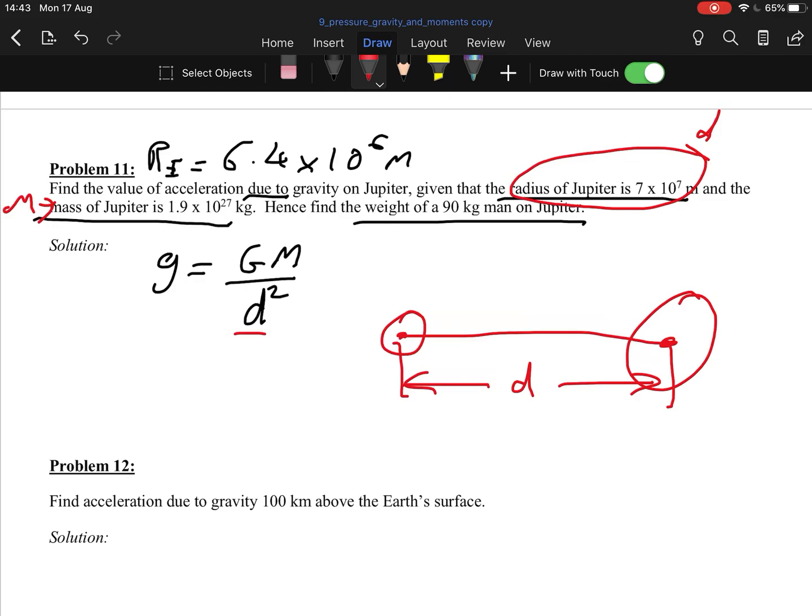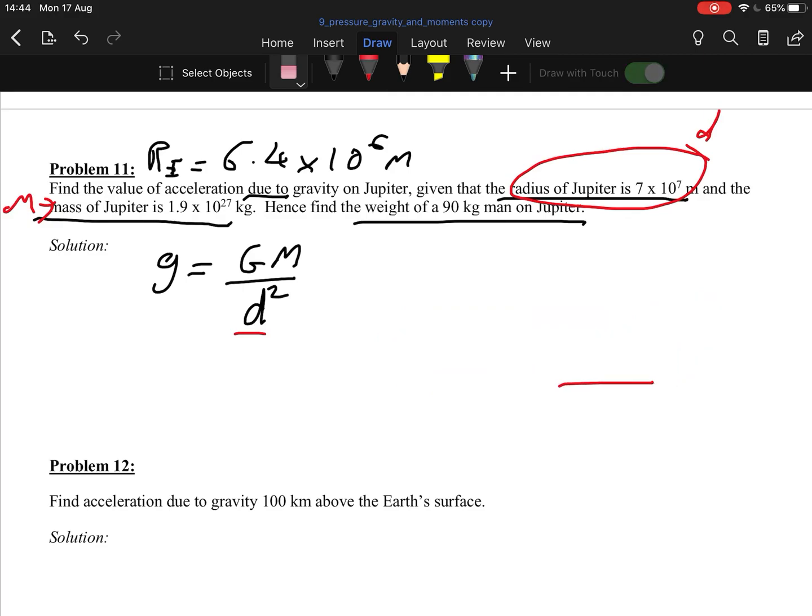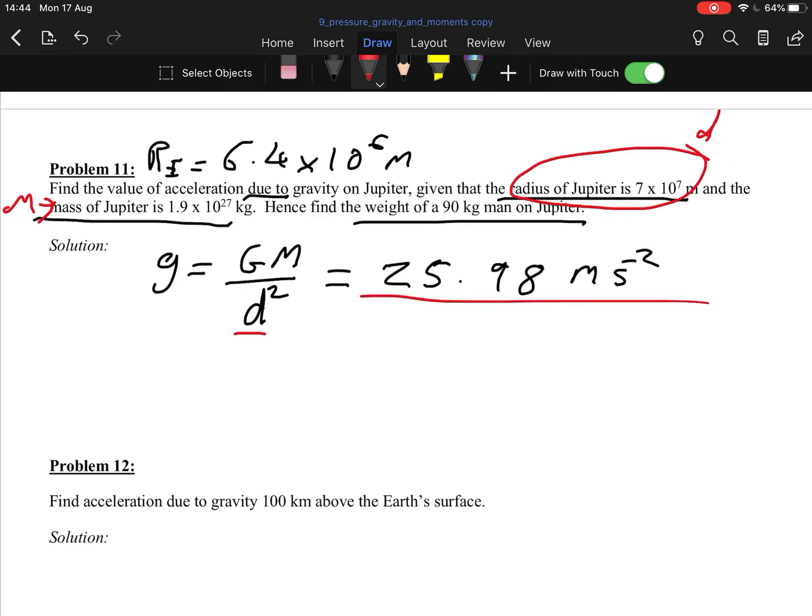It's always from the center of the planet to the center of the planet, not from the surface. So the distance for the force of gravity between Earth and the Sun is from the center of the Sun to the center of the Earth. That's why, when they gave us the radius of Jupiter, the radius is the distance from the surface of the planet to the center, so we put that in there. When you put that into your calculator, you should get 25.98 meters per second squared.